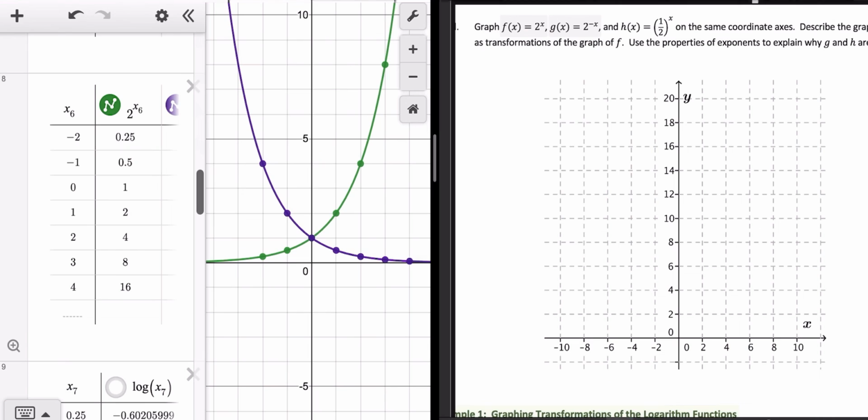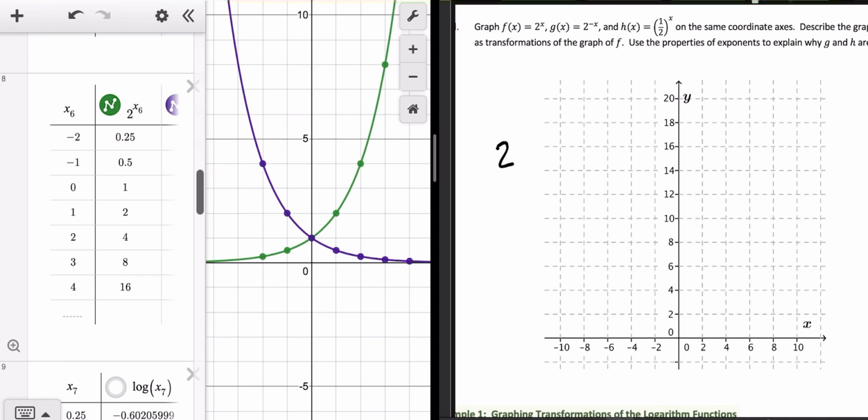All right, now let's look at h. What is h? Well, that's the same. Yeah, so if we get that to a base of 2, how do we get that to have a base of 2?